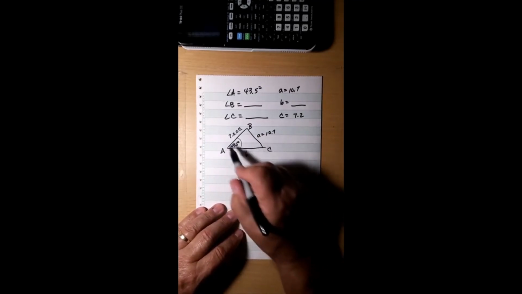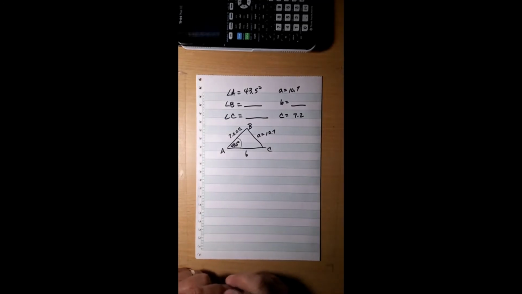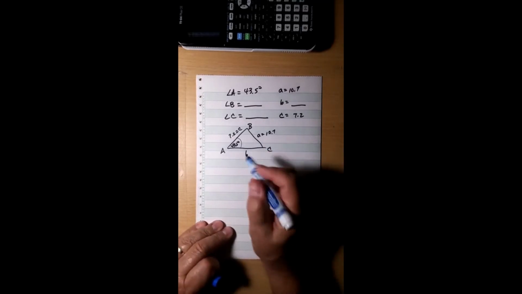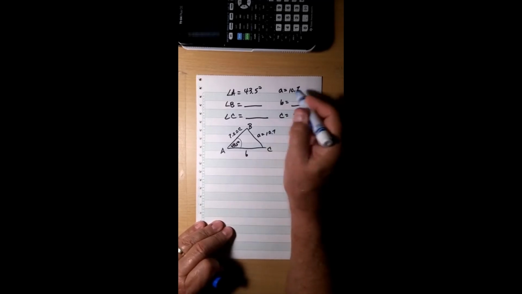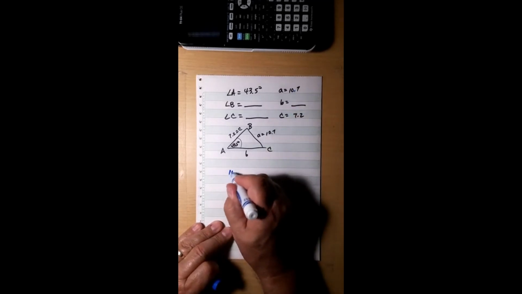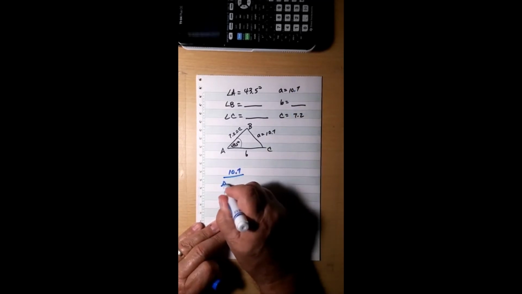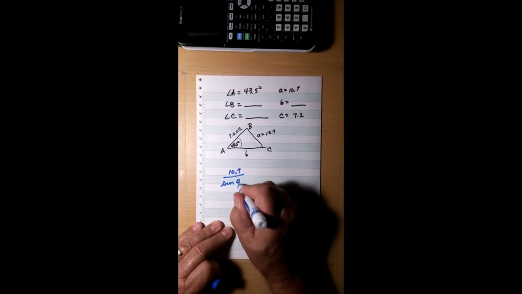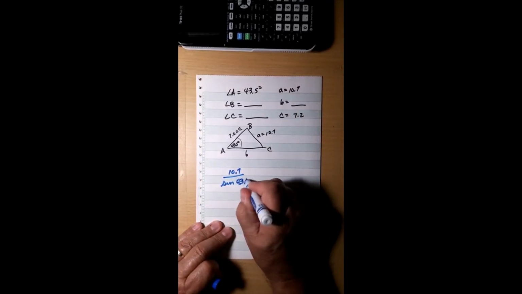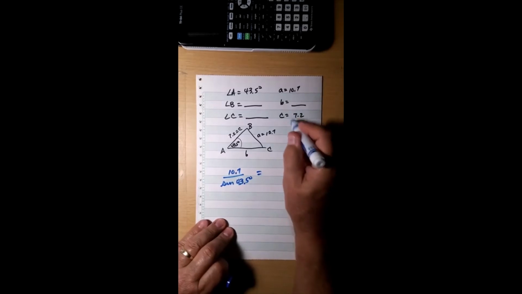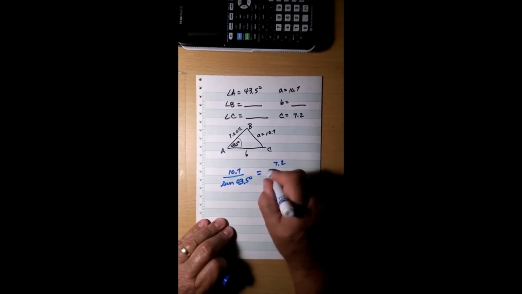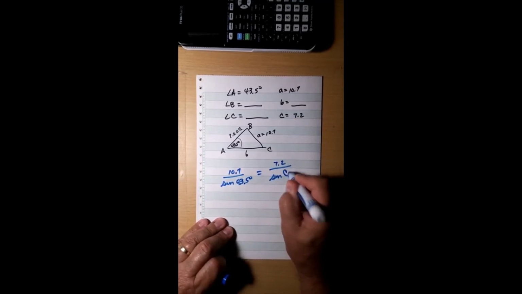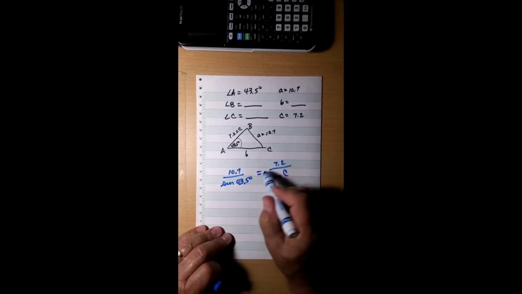Now, is this thing long enough so that I get 1, maybe 2 triangles? Maybe. Let's see. The law of sines. So I can say that this 10.7 for A over the sine of A, which is 43.5, equals C, which is 7.2, over the sine of angle C. Remember, I keep doing this.